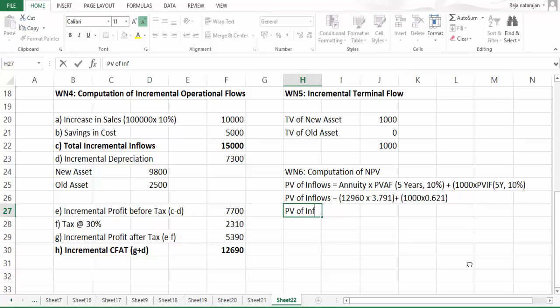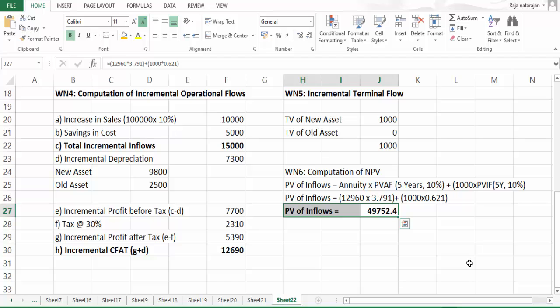Okay, so if we complete this calculation, let's see what we get. PV of inflows is going to be equal to, let me copy this part and place it here, plus 1,000 into 0.621. So that tells me PV of inflows are 49,752. So this is the present value of inflow.